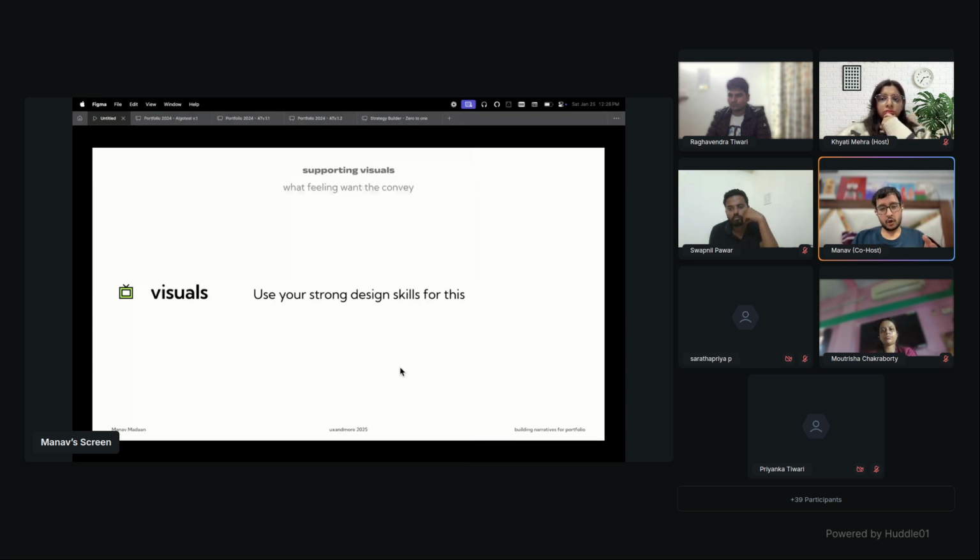And this is where your strong design skill comes in building a case study, right? If you have strong motion design, you can use a lot of motion design to make supporting visuals. Similarly, if you are good at prototyping, you can put prototypes on every slide, right, where you are presenting some specific knowledge about that particular prototype.